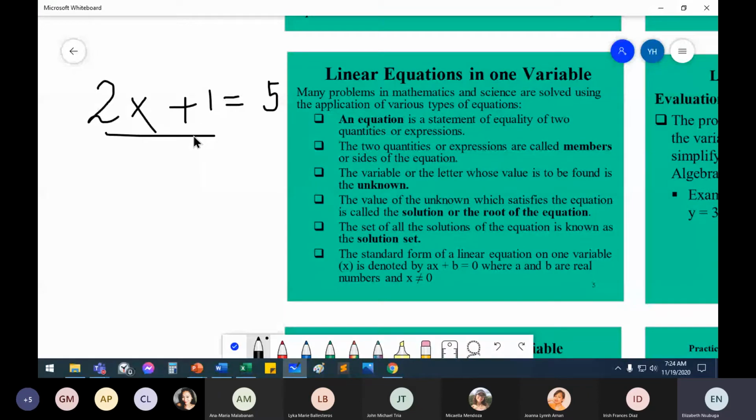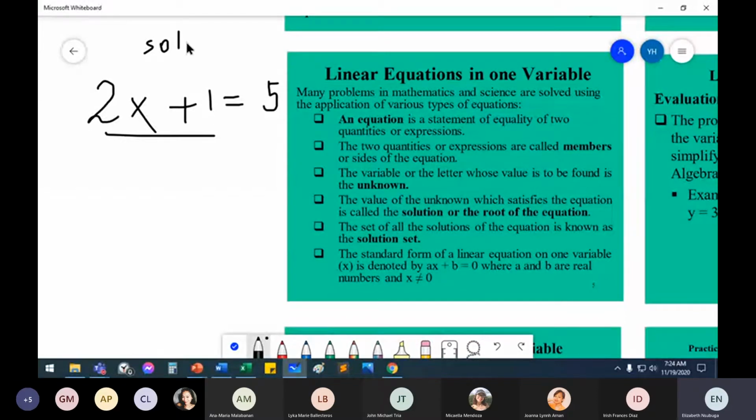Now, when given something like this, you would like to solve it, what we call solving, meaning find the solution or evaluate, find the number which will be put in x so that it will make this equation true. So you want to find a solution for this.